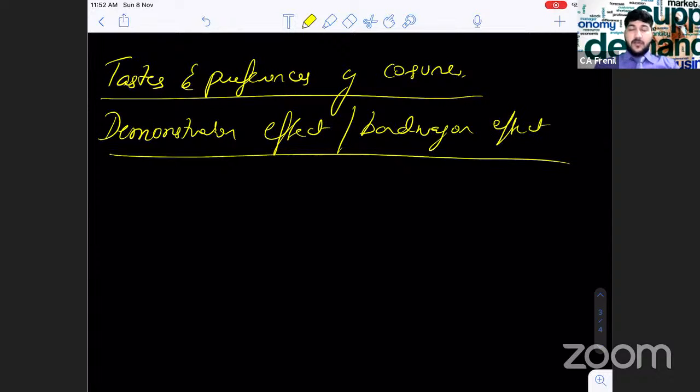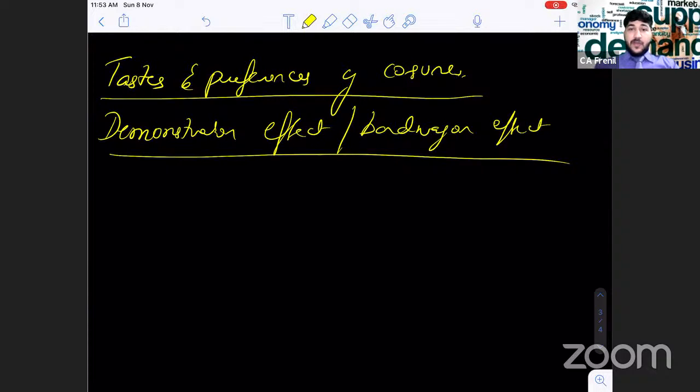You go to your neighbor's house and you see that there is a big Sony LED TV, and you come back home and even you want it, correct? That is the best example for the demonstration or bandwagon effect. By seeing it in somebody else, you want that product too. That is called the demonstration effect.